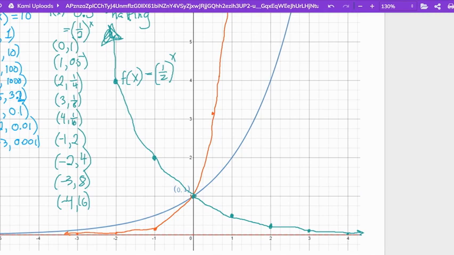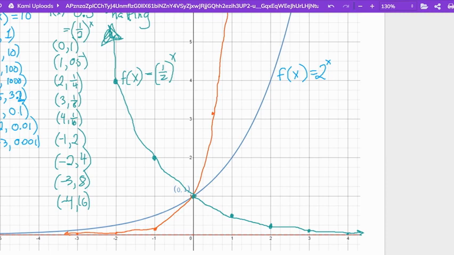Do you see that it looks like what's a better word to use for what green and blue is of each other? Someone said it. It is a reflection. In which axis? In the y-axis. They are just reflections in the y-axis. So nothing new, right? Just a little bit new, but we're talking about asymptotes. We're talking about reflections.